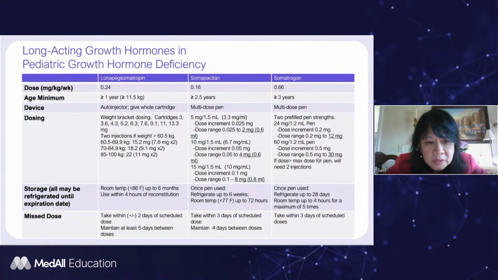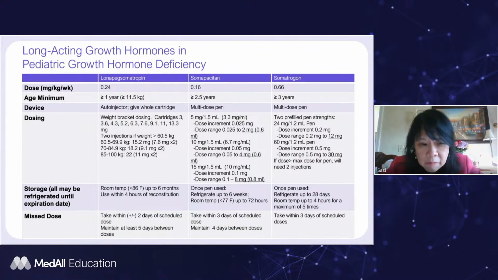So if we look at the storage, you can see that lonapegsomatropin is very flexible to keep in room temperature. It can stay well in room temperature up to 6 months, whereas the other 2 long-acting growth hormones are only 72 hours, or 28 days for somatrogon.